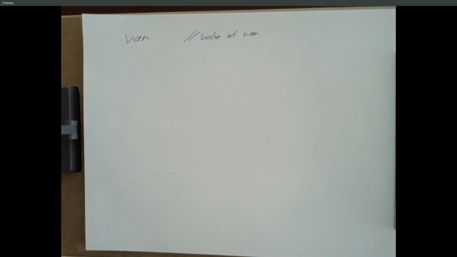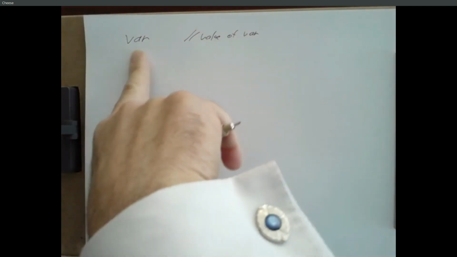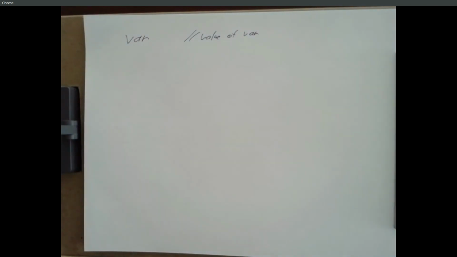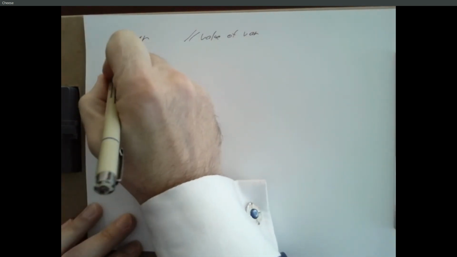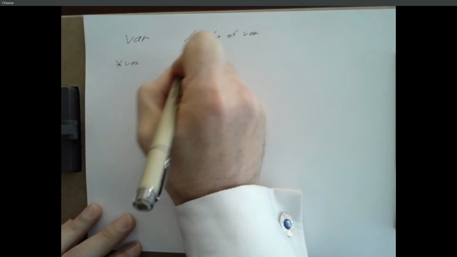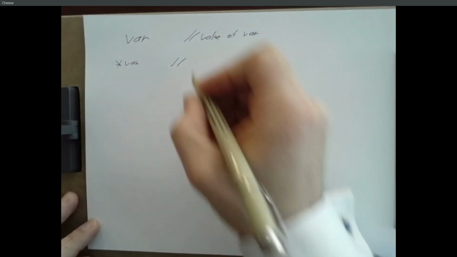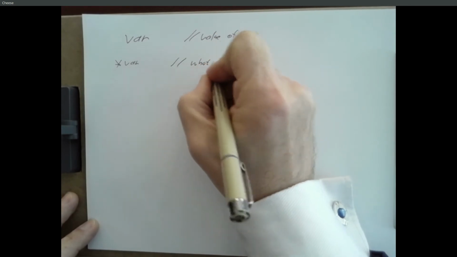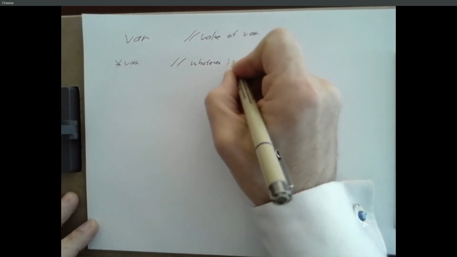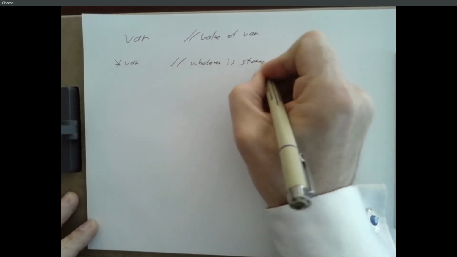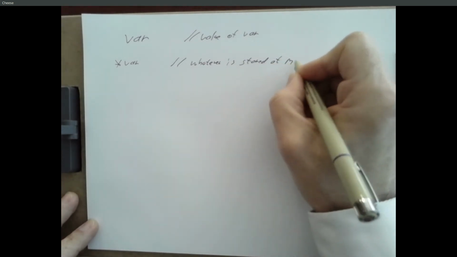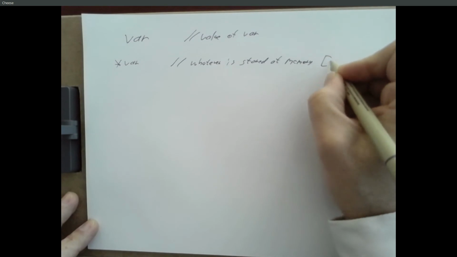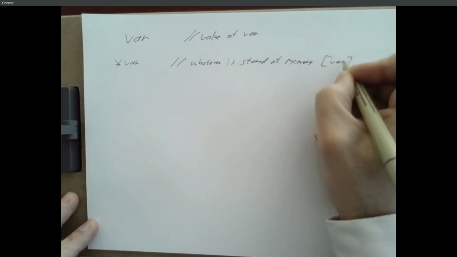If somewhere I said var equals 5, and I say print out var, it's going to print a 5. Okay, that's just the value of the variable. If I say star var, this is whatever is stored at memory var.